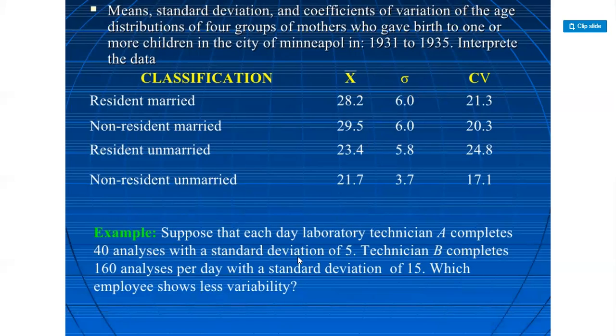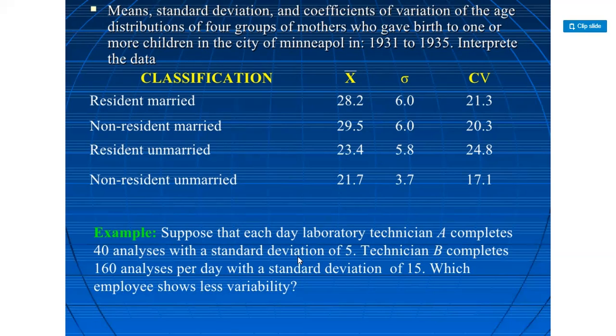The mean, standard deviation and coefficient of variation of the age distribution of four groups of mothers who gave birth to one or more children in the city are given, from 1931 to 1935. Interpret the data. The groups are resident married, non-resident married, resident unmarried and non-resident unmarried.